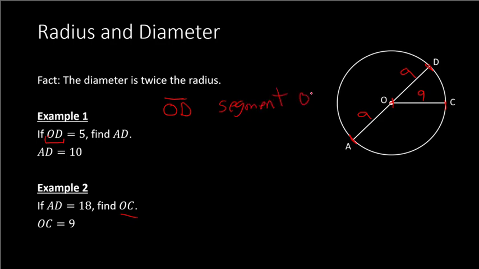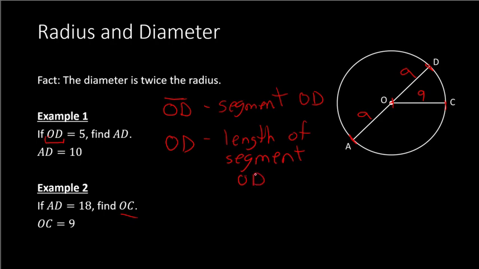So it's just referring to that shape. Now, without the symbol above it, if you just have OD like that, that is asking to find the length of segment OD. So when you don't put the symbol above it, that indicates that we're finding the length.